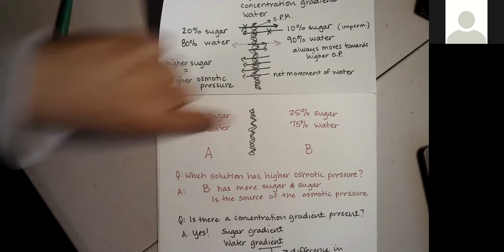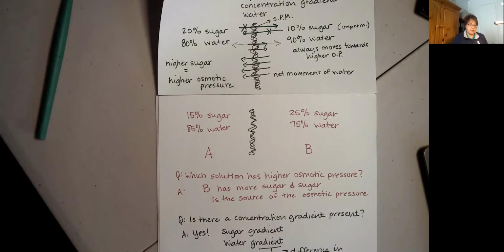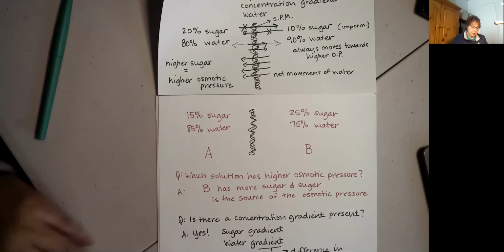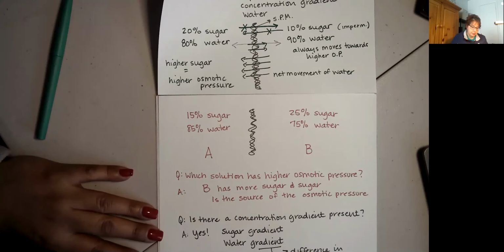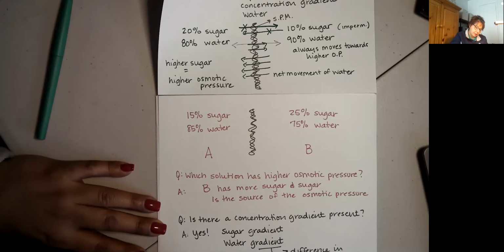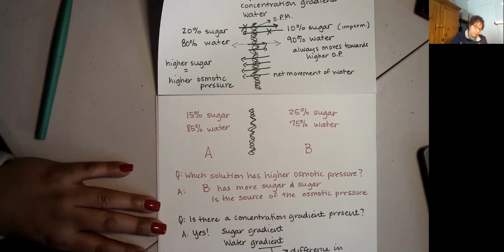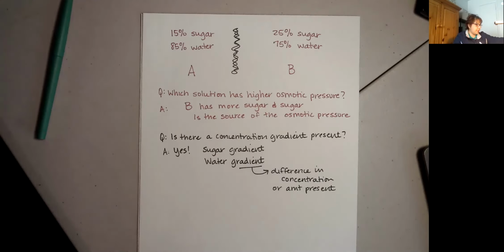So because there's different amounts of water and different amounts of sugar, yes, there's actually 2 gradients. And at the bottom it says difference in what? Amount present.